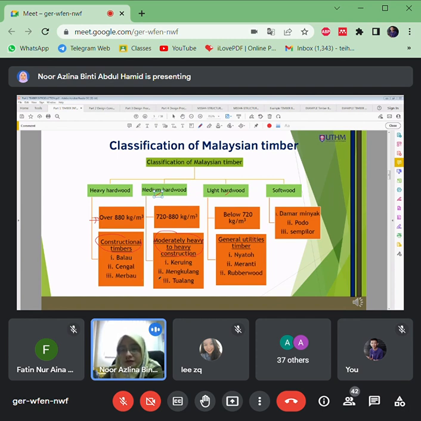If you are familiar with these names, okay, with these species, keruing, mengkulang, tualang, all of these are grouped in the heavy and medium hardwood, while the rest can be in light hardwood or softwood, which generally are used for non-structural parts. Okay, contoh for the furniture, for window, for what else? For door and everything lah, which are not structural parts.